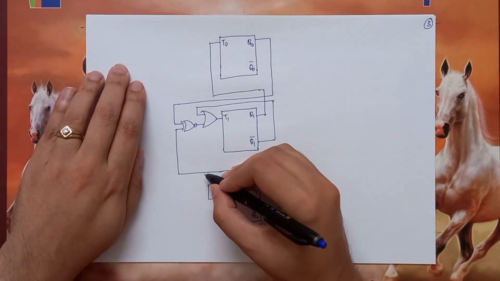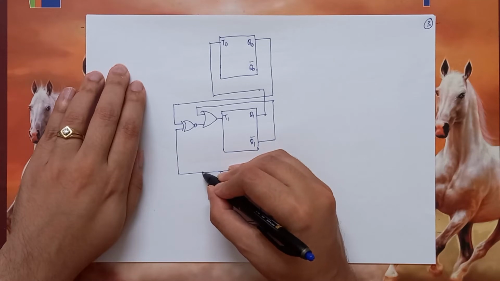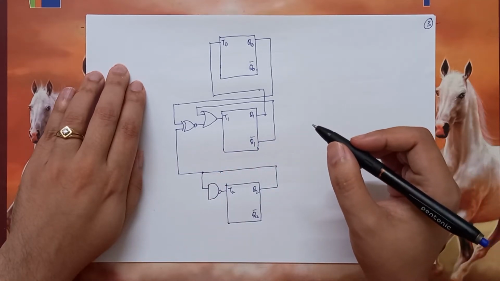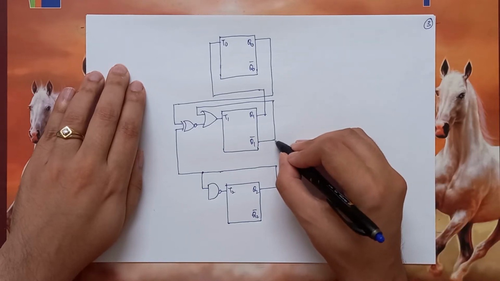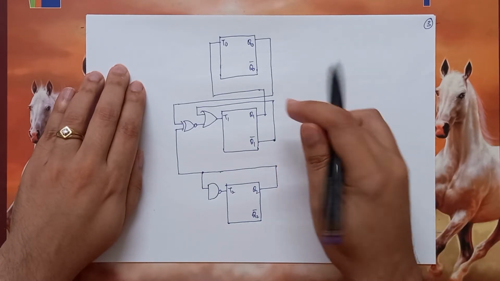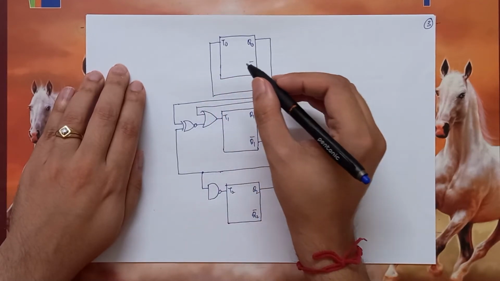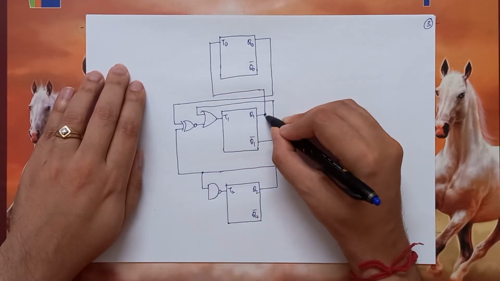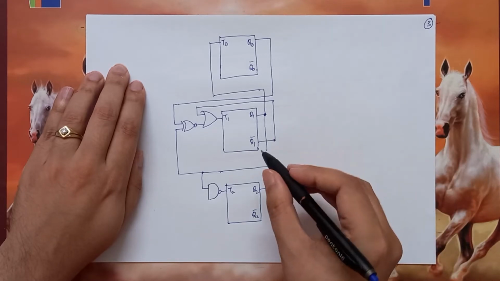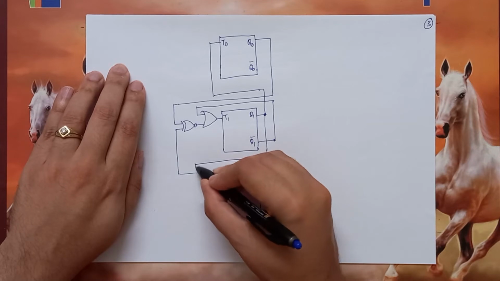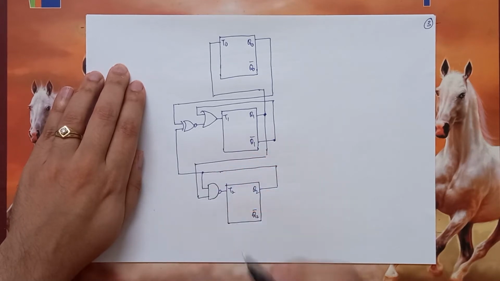So Q2 is already over here. And Q1, sorry, Q1 is over here, so not this one. We can bring it from here. This is what it would be.